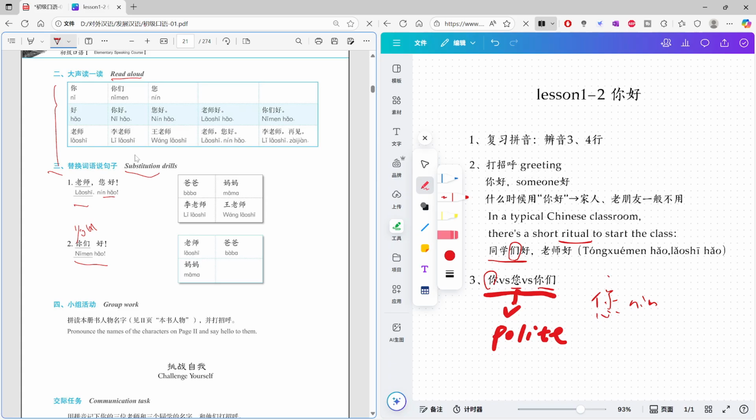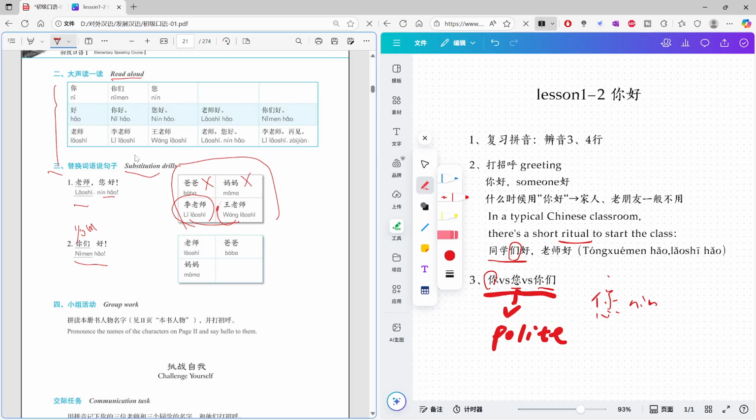Yeah, here are some different words. But as I said, 爸爸 and mama, family, right, usually we don't say 爸爸您好, mama 您好, that's too formal.